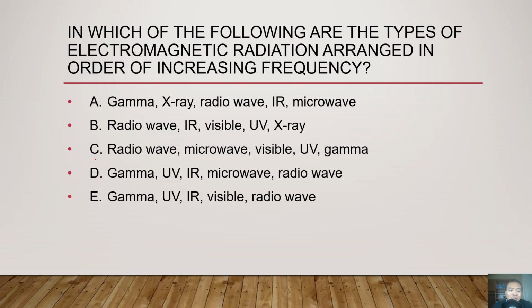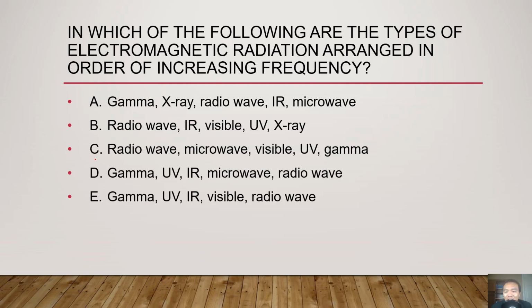Next question. In which of the following are the types of electromagnetic radiation arranged in the order of increasing frequency? Again, I would like to emphasize you must know the relative frequency, wavelength, and energy for the 7 different types of electromagnetic radiation, also the 7 different colors of visible light.